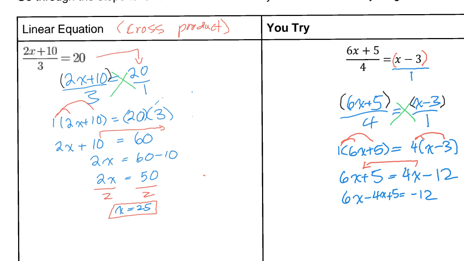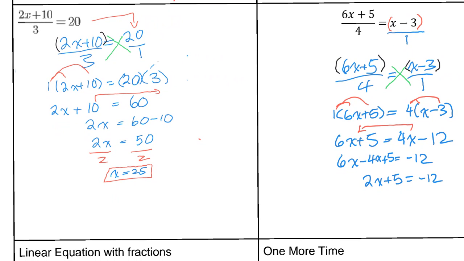So now we simplify. We end up with 2x plus 5 is equal to negative 12. Another way to show that you're subtracting is something I showed you in the last lessons. You can subtract 5, and notice you're only taking the one thing away.